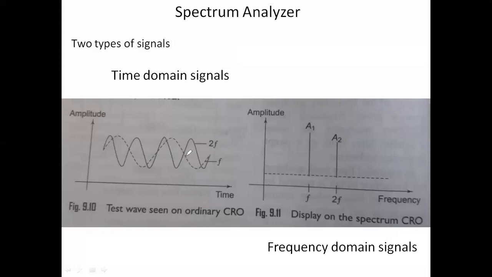Suppose I apply a number of different signals, each signal having an individual frequency. Assume that 4 signals are in a given test wave, each with its own individual frequency.